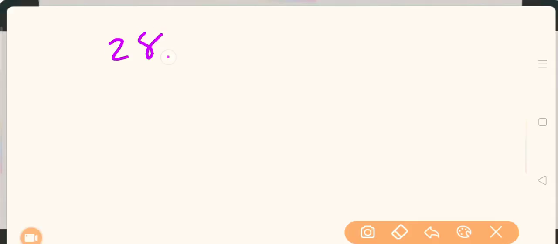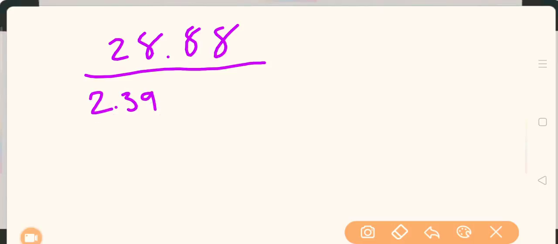So as discussed earlier, all you have to do is take the total volume of 208 gram of substance divided by the volume of a single unit cell, which is 2.39 into 10 raised to minus 23.